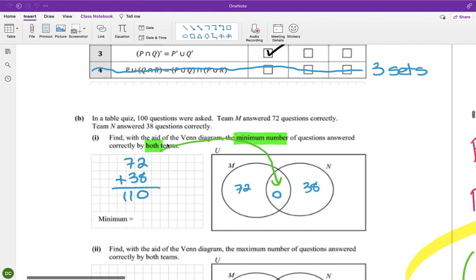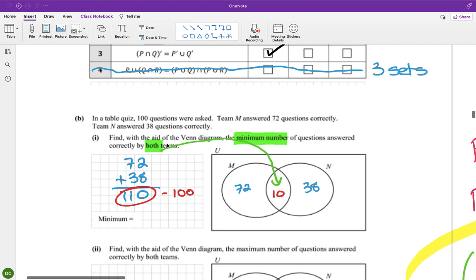So that doesn't work. At an absolute minimum, the intersection needs to contain the 10 questions that take the total over the total that's possible. It can't be higher than 100 because there were 100 questions asked. You can't ask 100 questions and get 110 of them right, and the way the Venn diagram is at the moment, that's what it's saying. So what we need to do is make this intersection 10.